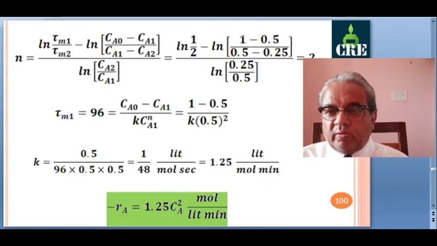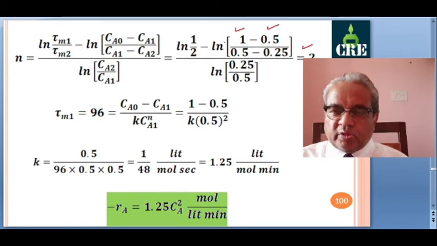Ln of 1 by 2. So 1 minus 0.5 we know. This Ca0 is known, Ca1 is known, Ca2 is also given. So substitute all the values, and from this you get n is equal to 2 if you solve this.